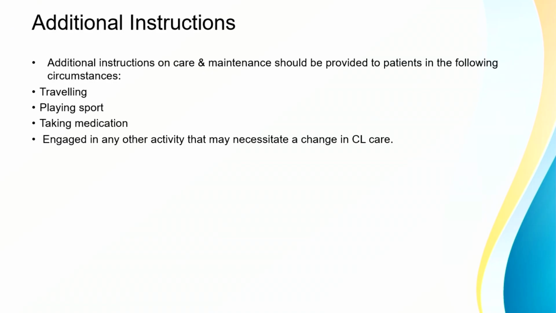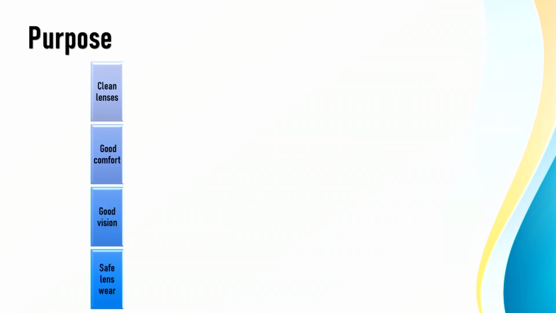Next we can see some information on care and maintenance. Care and maintenance is required because we need clean lenses, which give us good comfort, which in turn gives us good vision, and it gives safe lens wear.